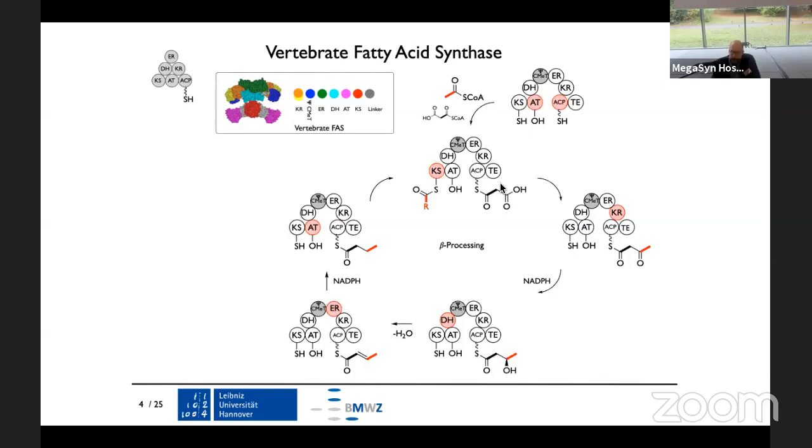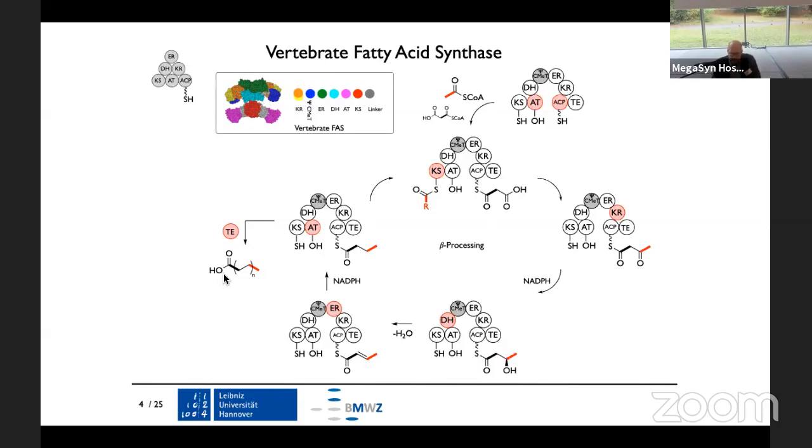They just take what they're given, they do the chemistry, and they pass it on. And so the system is not very intelligent, but it has to have some kind of intelligence. It has to control the chain length, for example, and that's done by the thioesterase. And the TE is able to detect the chain length, and it's able to hydrolyze the intermediate at the right length. So it's a pretty dumb system, and it makes fairly boring compounds.